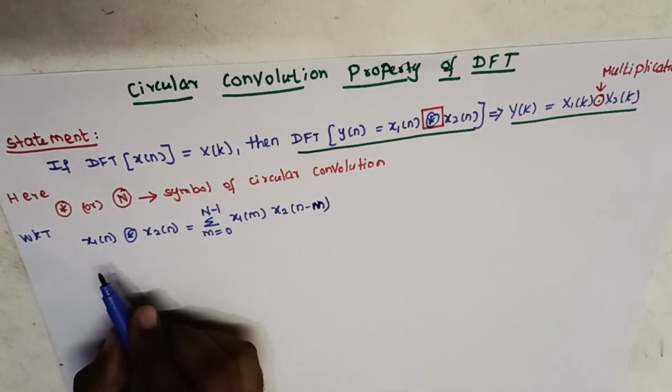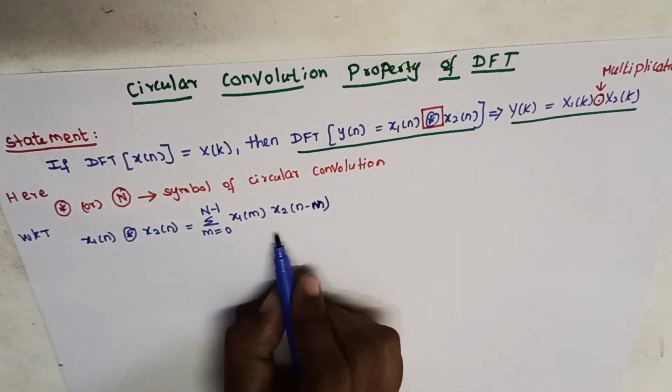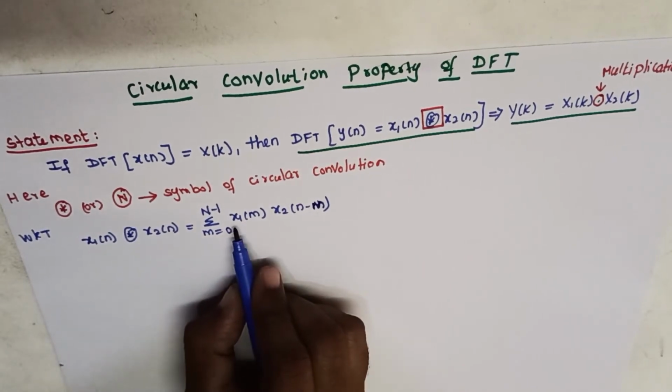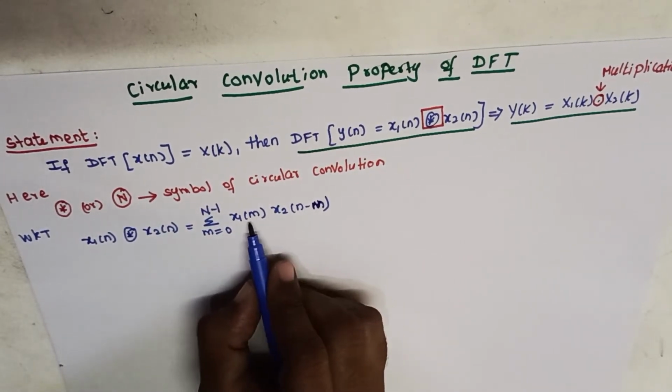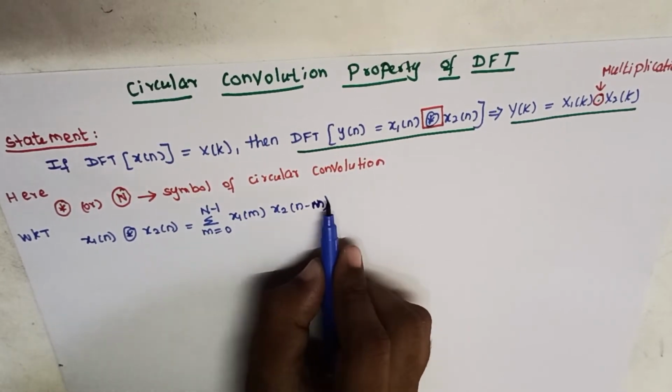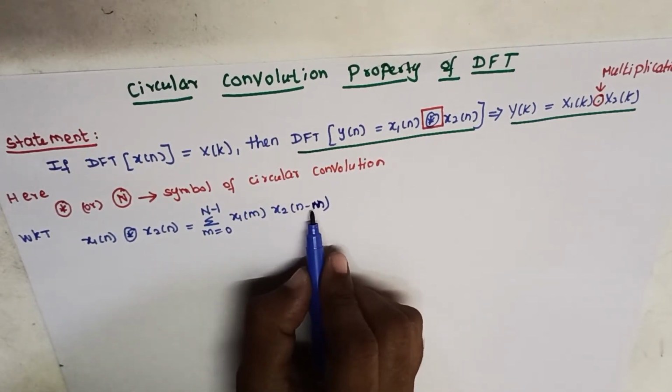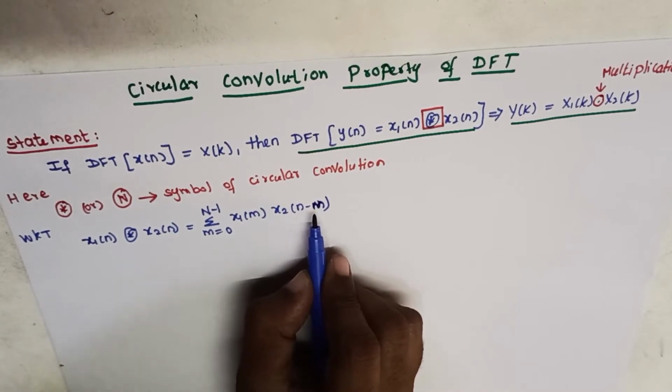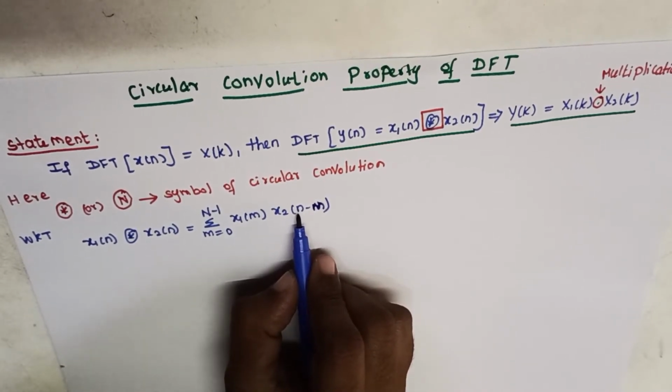So if we look into this formula, if I want to perform the circular convolution in time domain, what are the steps that I have to do? I will be given two input sequences. The second sequence I have to fold, and then it has to be shifted by n units.